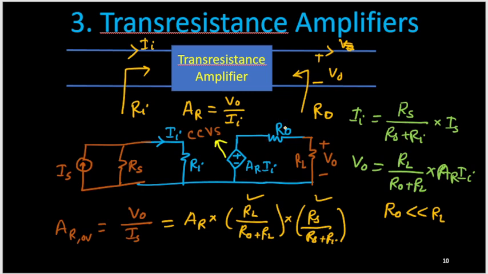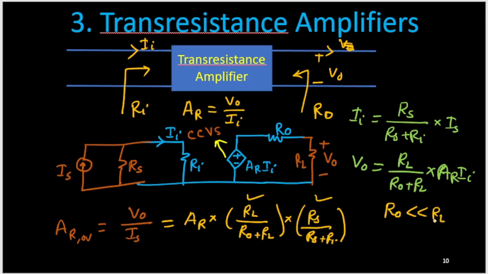Because there should not be any drop across R0. Maximum voltage should develop across RL. Whatever voltage is available here, its maximum should be available at the load RL. So the drop across R0 should be very small. It is possible if R0 is very low compared to RL.